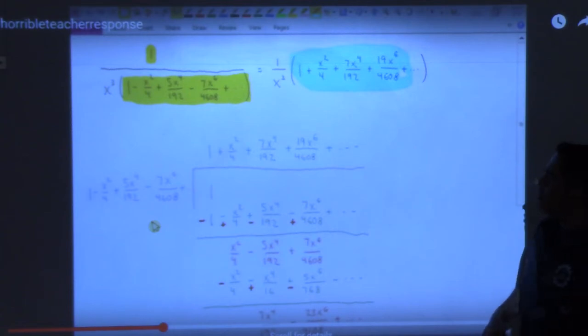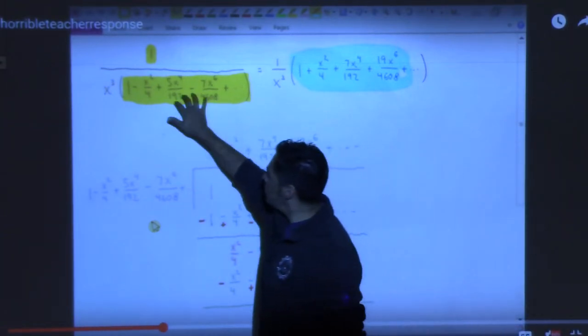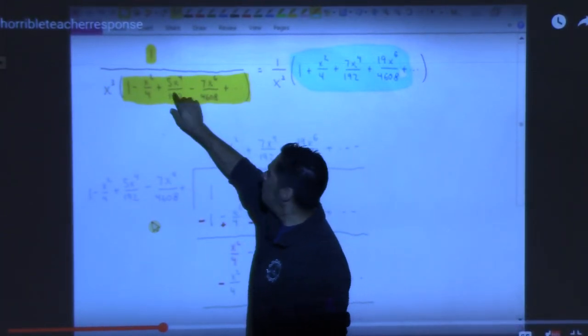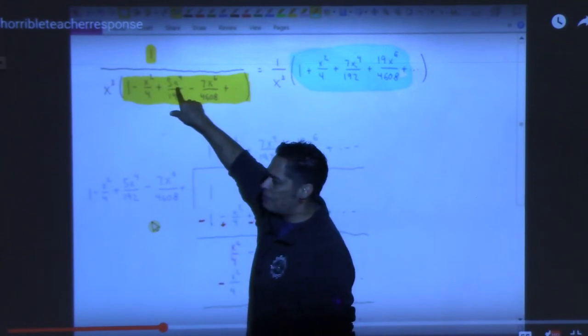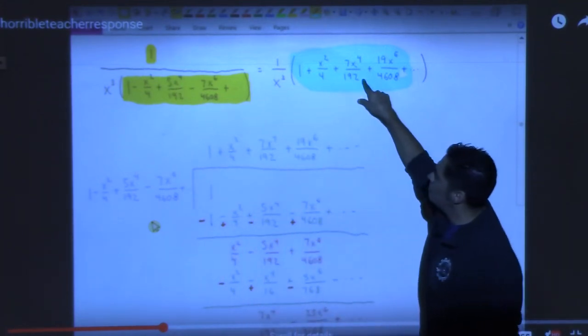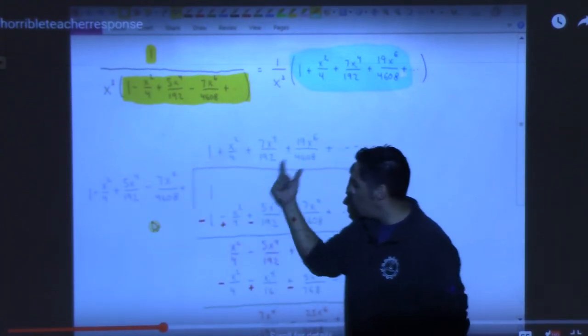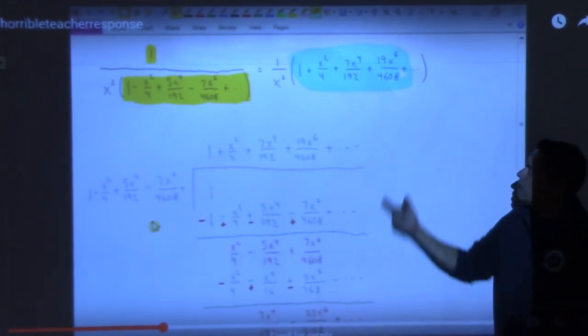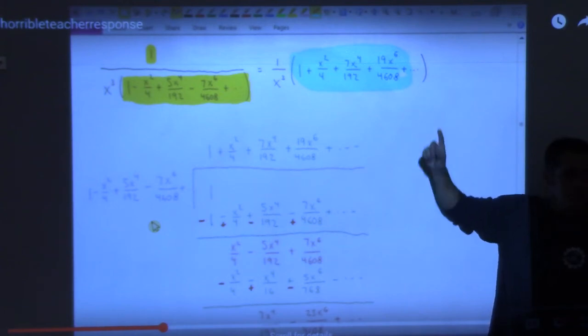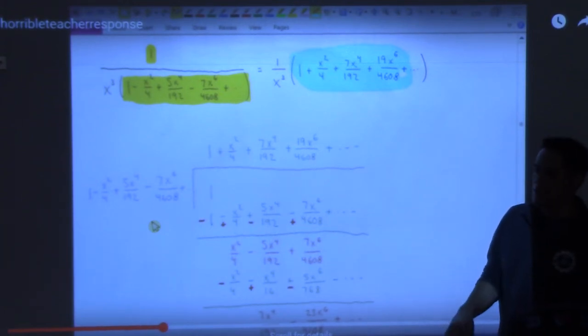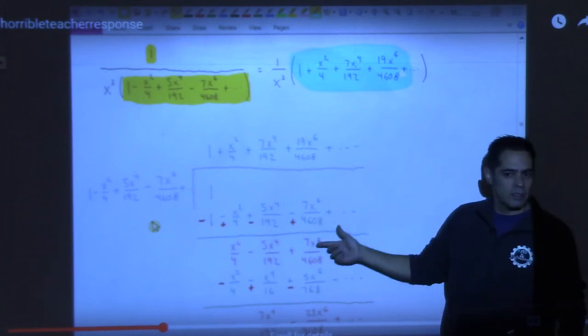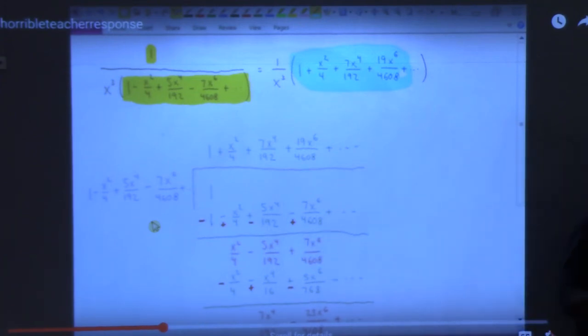You divide 1 by what? By the series. Okay? 1 divided by this series yields this. Here's the work. 1 divided by that series with all the work gives you that. The student said, do it manually, it doesn't work. Right? It works. The student didn't know how to divide a series.